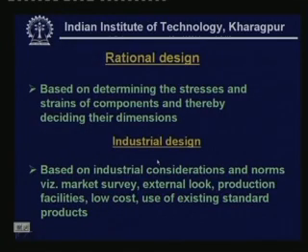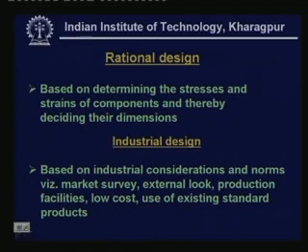Yes, this is the rational design slide. Sorry, it went to other slides. Anyway, now come down to the industrial design. Industrial design is based on industrial considerations and norms, that is the market survey, external look, production facilities, low cost, use of existing standard products.